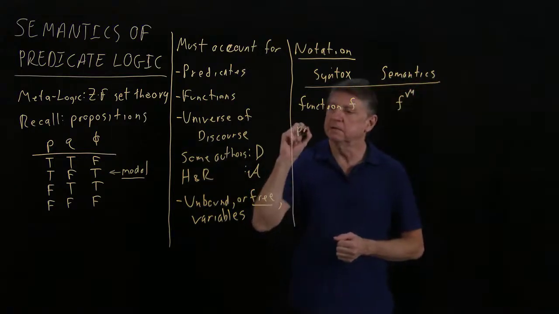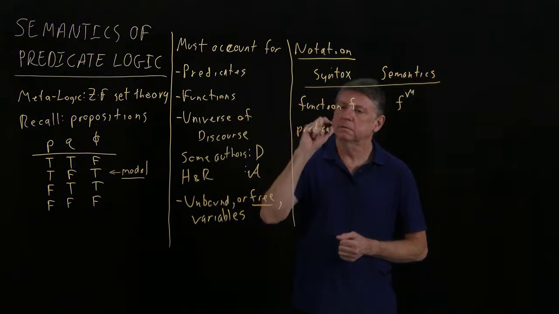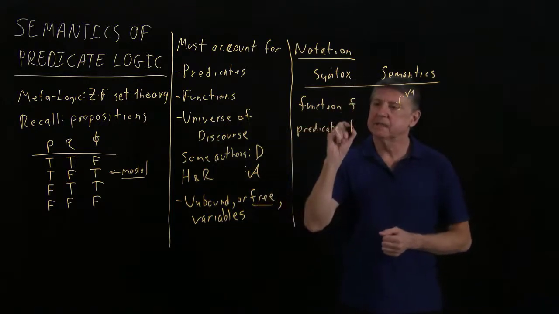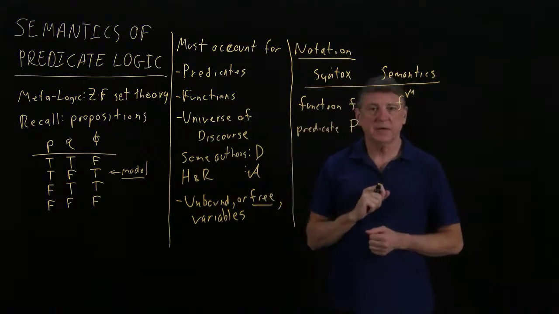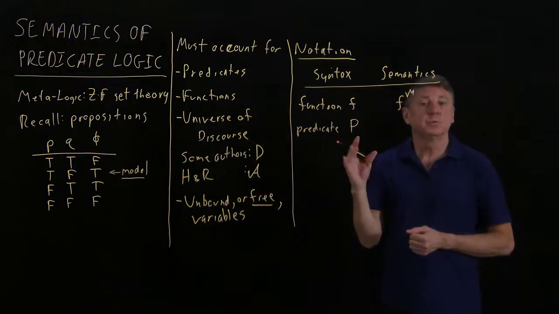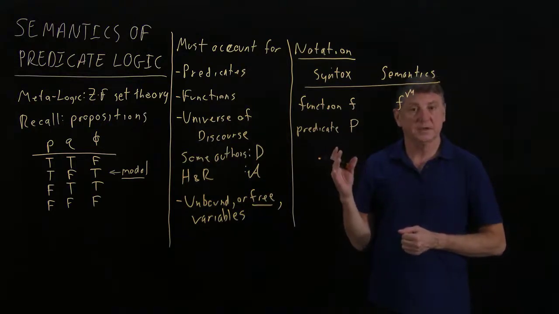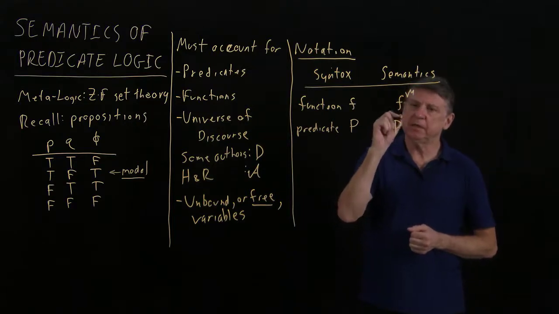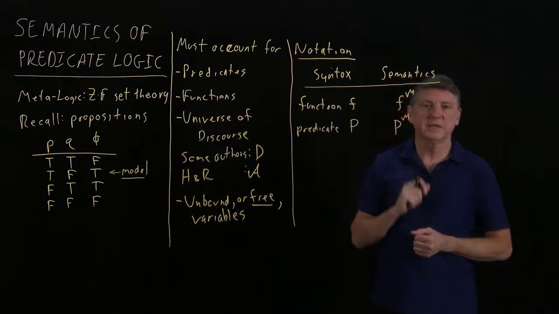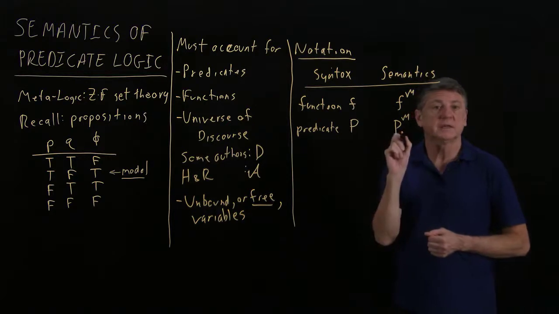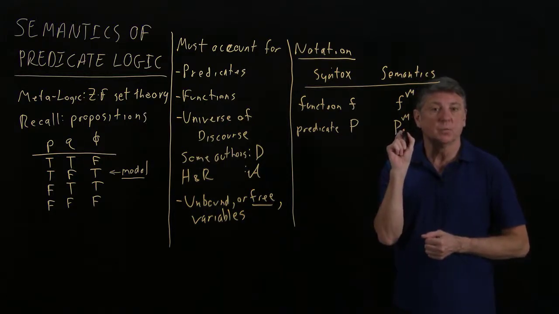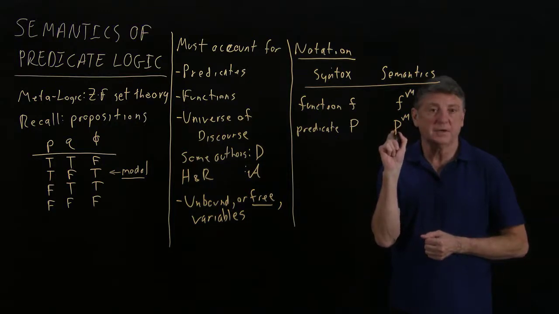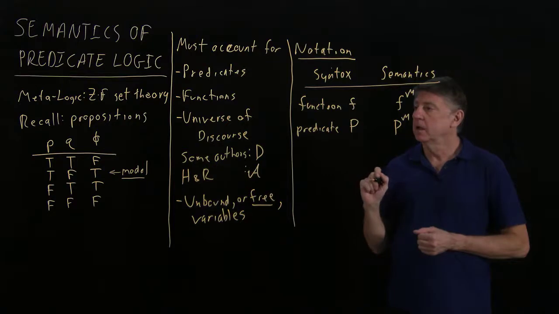For a predicate, we'll write this syntactically as P. And so when we're doing our proofs, we'll write this as P, Q, R, etc. In the semantics, we'll write this as P, and then we'll superscript it with an M so that it's clear that we're now talking about one specific predicate and what that predicate does within that semantic model.